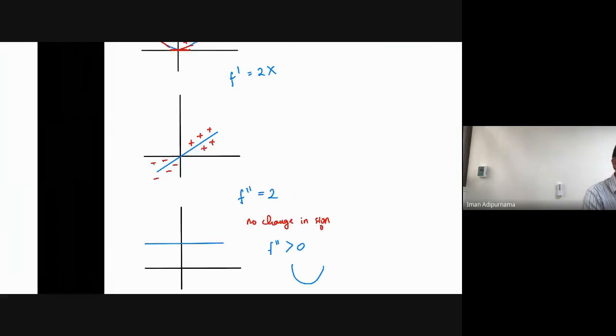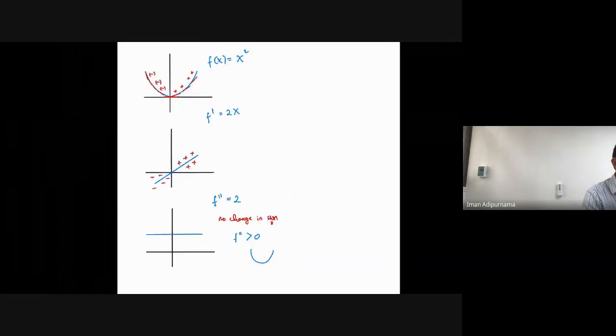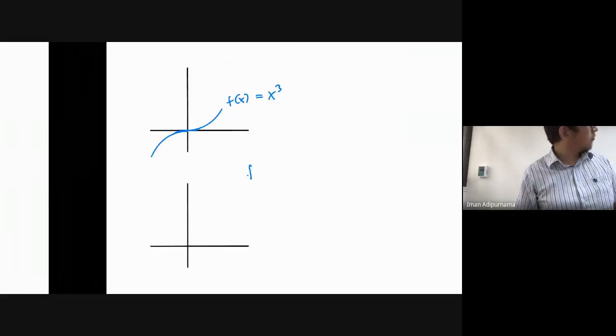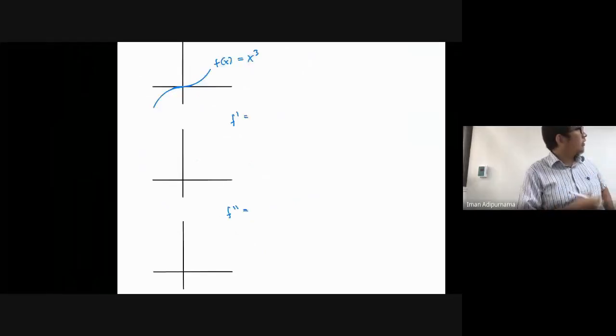The x cube, f prime and f double prime. Wait a little bit. Okay, let's try the x cube. Try to find the f prime and f double prime, and try to sketch the graph.